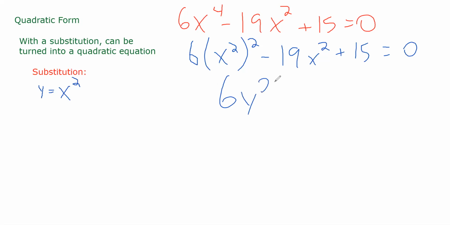So you're going to end up with 6y squared minus 19, well, x squared we're calling that y, plus 15 equals 0. So suddenly we started with something that didn't look quadratic. It was fourth degree, all the way at the top. But with a little substituting, we were able to get a quadratic out of it. And that is just really cool.